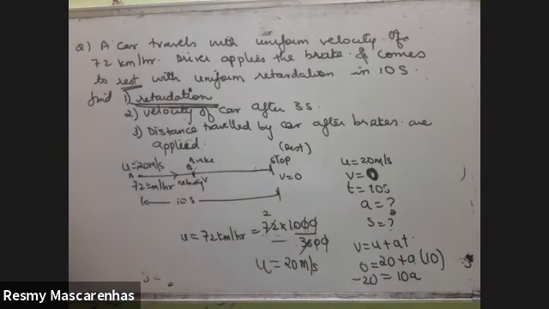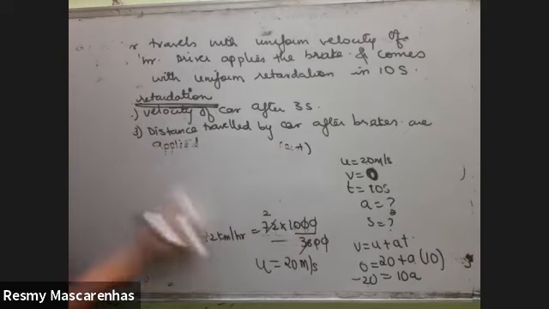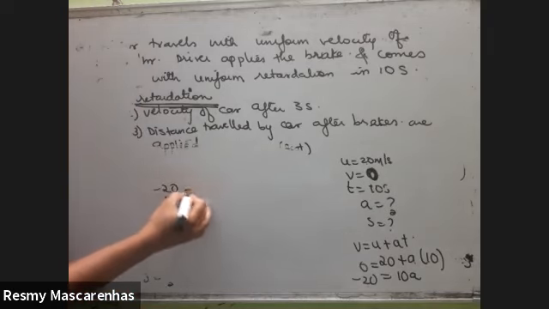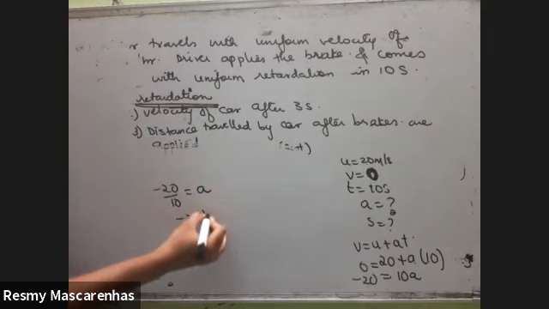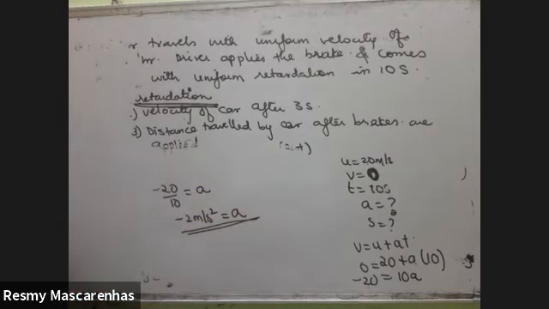By mistake you must have added or subtracted. So just write here minus 20 upon 10, which is minus 2. So this is your first part, that is the retardation.